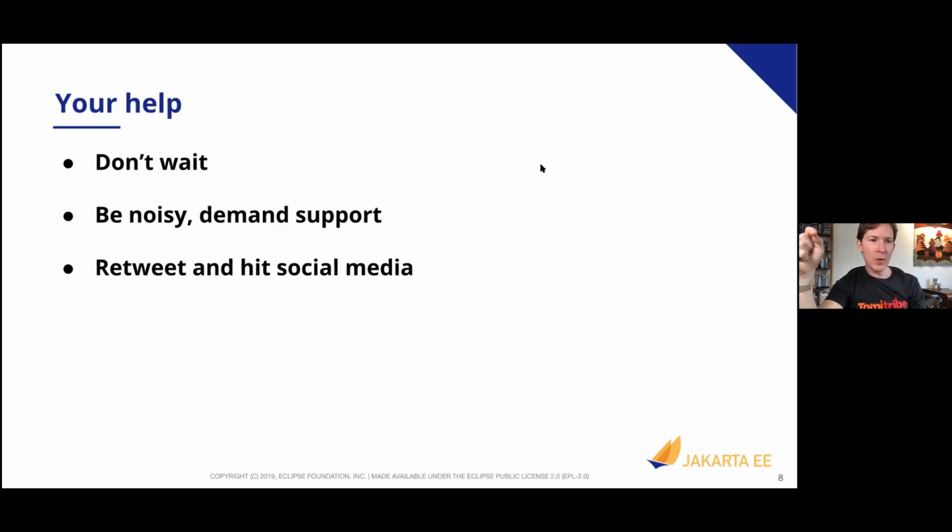So that's number two, is be noisy and demand support, right? So immediately go ask the vendors who you know are supporting your work and the things that you do at work, when are you going to support the namespace change? Most often they're going to say, what? I didn't know that applied to us. I thought that only applied to WebSphere, right?